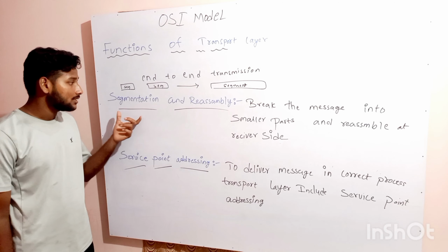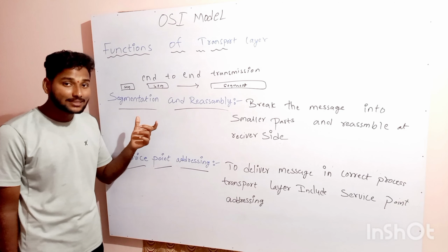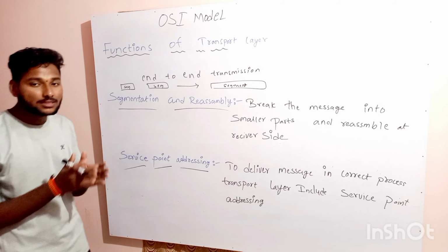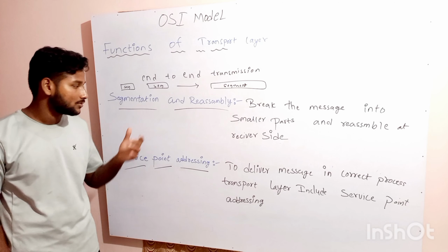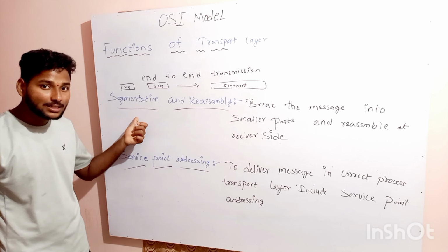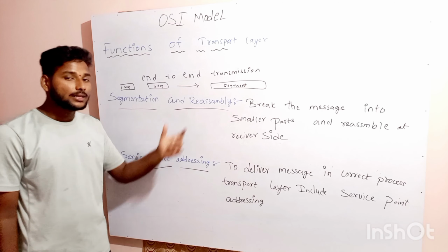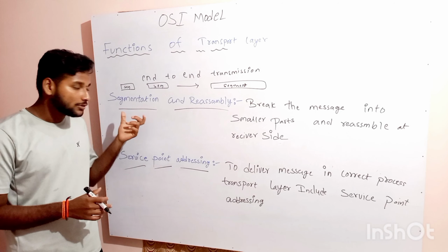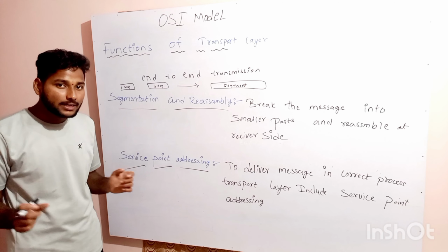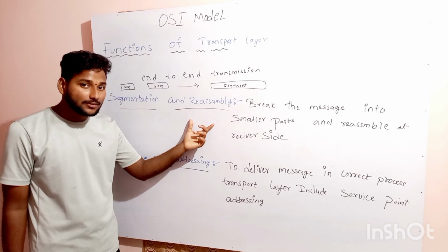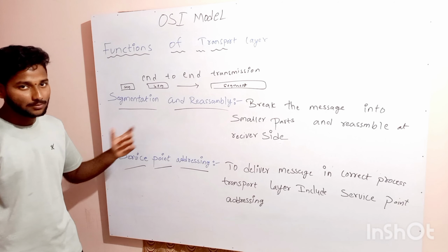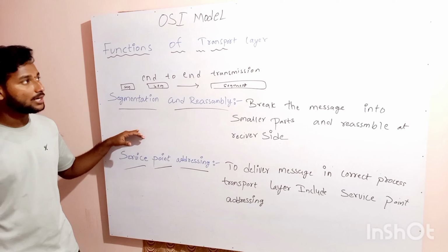The first functionality is segmentation and reassembling. Segmentation means dividing the data into small parts, which is done at the sender side. Reassembling means collecting these small segments and combining them into a single message at the receiver side. This is the functionality of the transport layer.